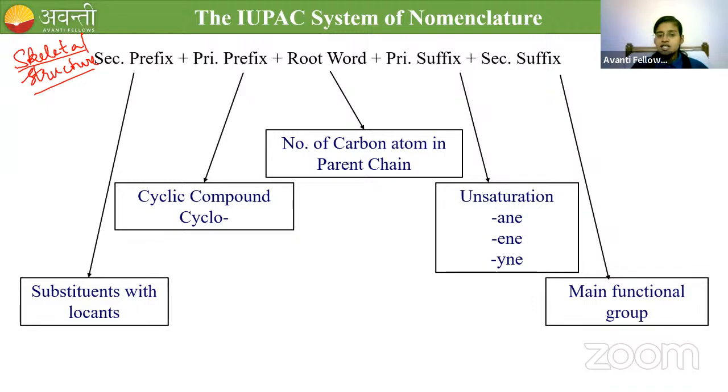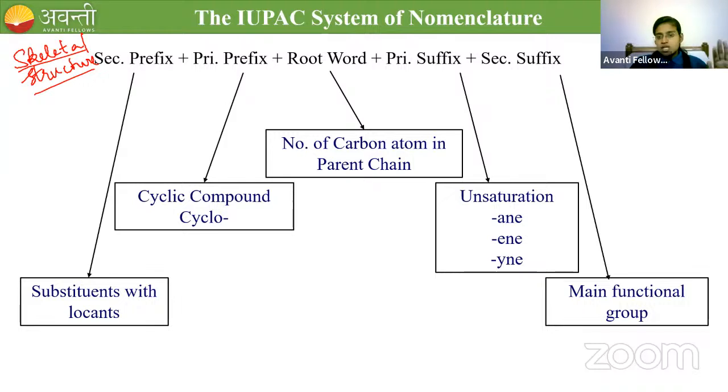Is it clear? If a compound has a primary prefix or secondary prefix, or a functional group, you have to use the name accordingly. If it has some substituents or if it is a cyclic compound, you have to go accordingly. You have to follow this order: secondary prefix, primary prefix, root word, primary suffix, and secondary suffix. All compounds will not have all the 5 things.